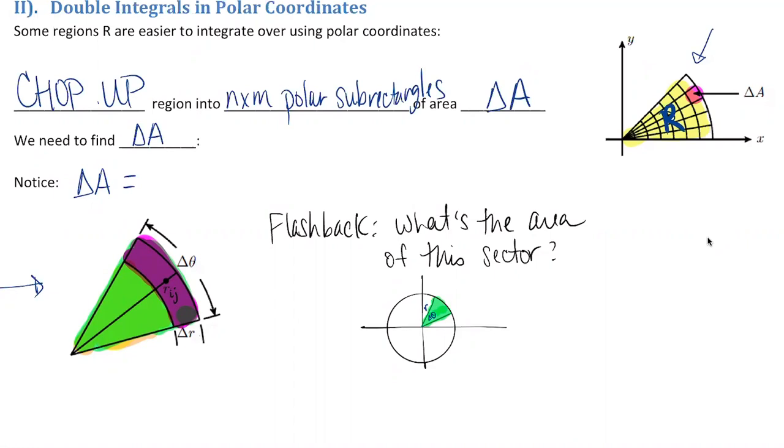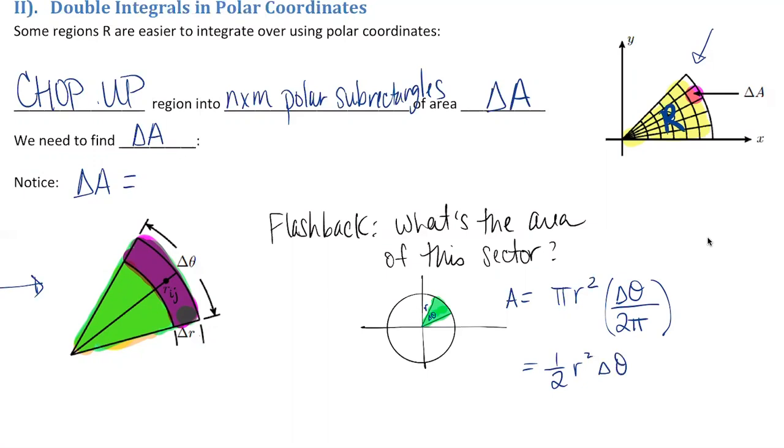If you said, well, I know that the area of the entire pizza would just be pi r squared, and this is just one little slice, I can figure out what fraction of the entire pizza this is by thinking that delta theta, my theta here, is out of a total of 2 pi radians. And so this area is going to simplify to just be 1/2 r squared delta theta.